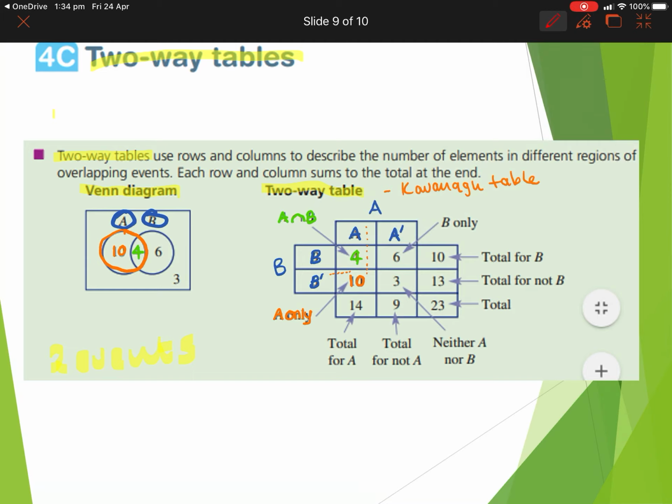Let's look at another one. Oops, we've done that colour. Okay, this 6 here. It's in this column, so not in A, but it has to be in B. So something that's in B and not in A, so we're talking about B only. If you were to look over at your Venn diagram, the number in only B is 6, which is correct, same thing.